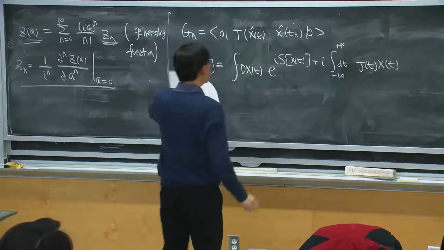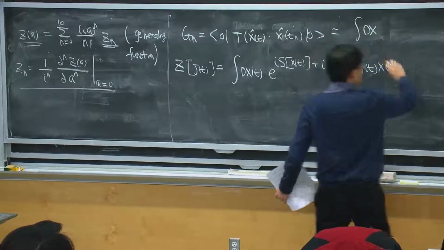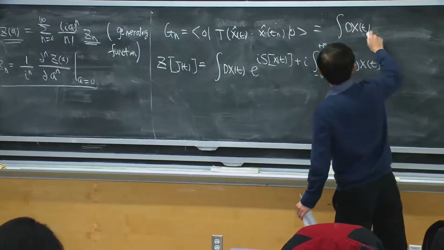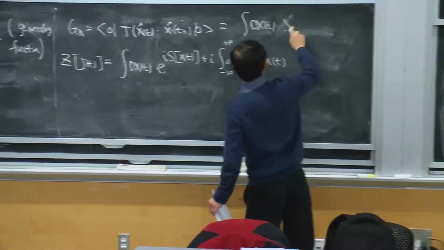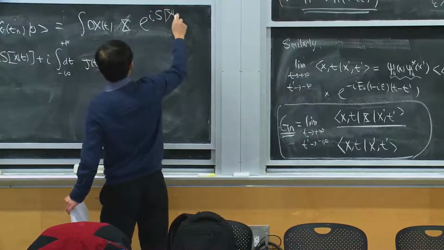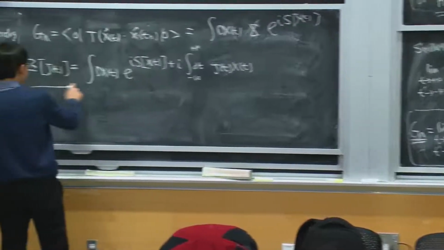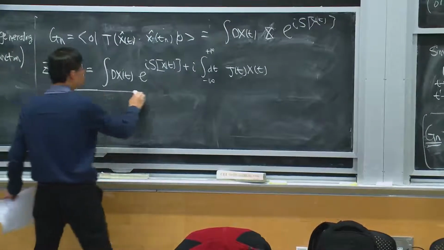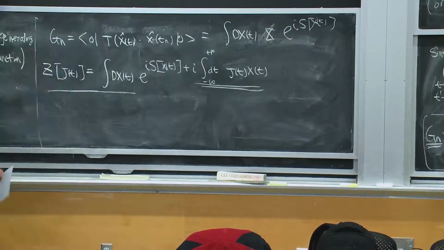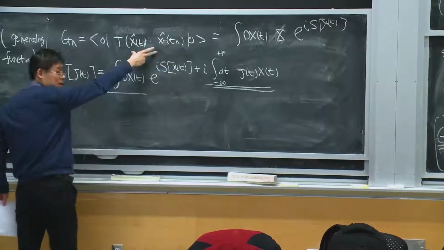Remember, this is just the path integral. So let's just look at the upstairs: exponential of i S[x]. Now this does the same thing. If you imagine you expand this factor to the nth power, then you will generate this term as a coefficient.